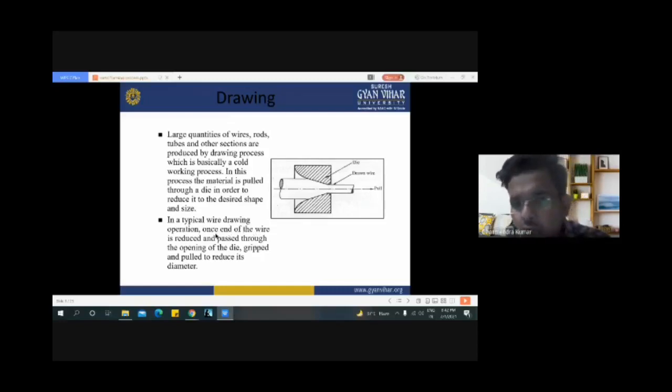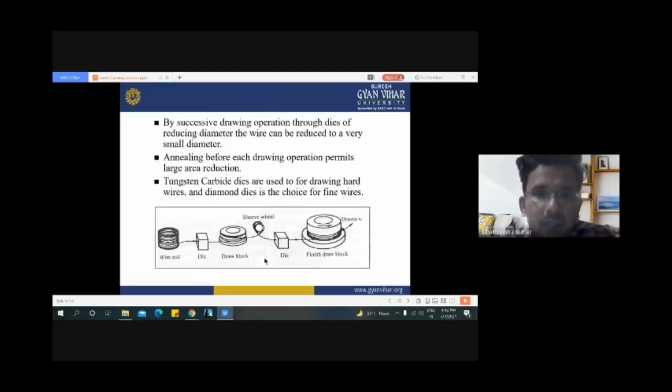In a typical wire drawing operation, one end of the wire is reduced and passed through the opening of the die, gripped and pulled to reduce its diameter. Sometimes we use this process for reducing the diameter of wires. Here is the overall arrangement you are seeing in this slide for the drawing process.